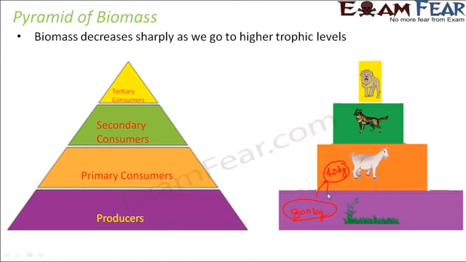And again, when you go to the next trophic level, that is the third trophic level of wolves, here it reduces to around 10 kgs, and finally at the level of the lion it reduces to around 1.5 kgs. So we actually see a very sharp decrease in the biomass as we go to the higher trophic levels. So that means also the amount of biomass that can be retrieved from any of the trophic levels will also reduce as we go to higher trophic levels.